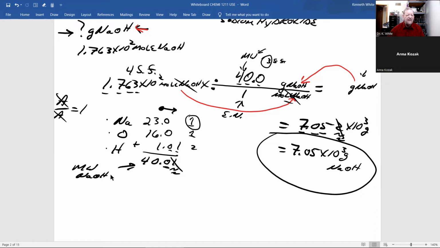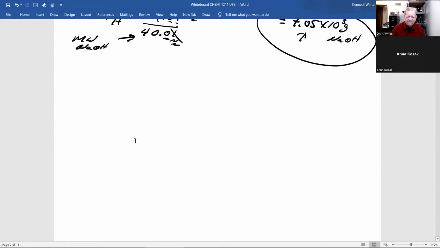So if I needed this amount of moles, I can weigh out this amount of sodium hydroxide on a balance. And that's the importance of being able to do this. And we'll see more. All right, let's do one more.